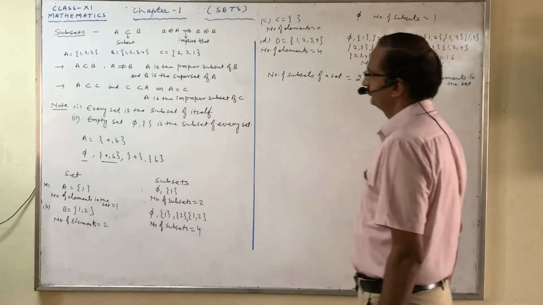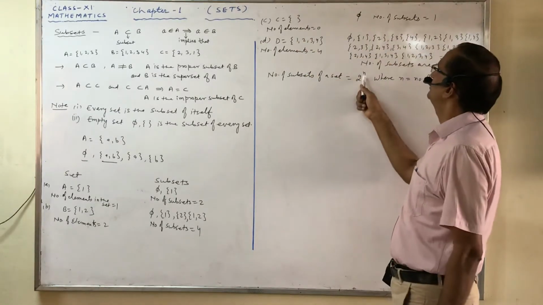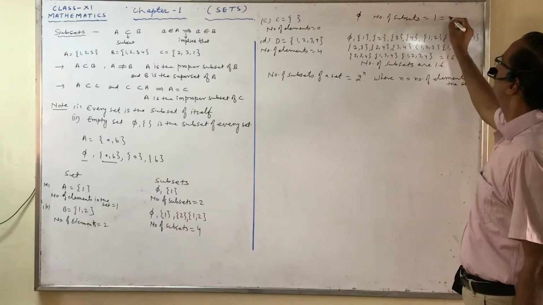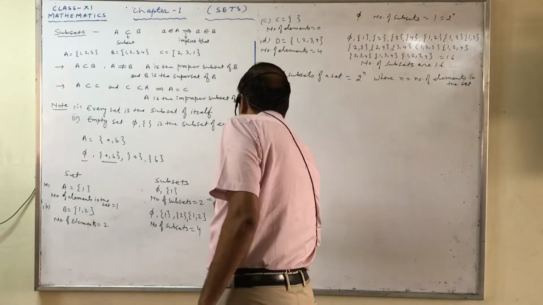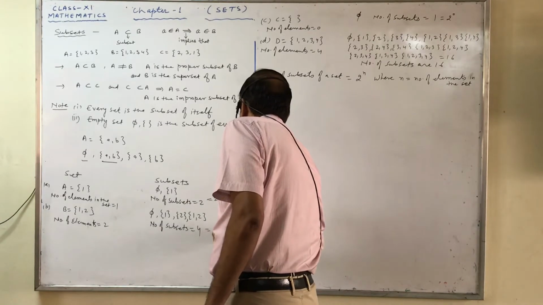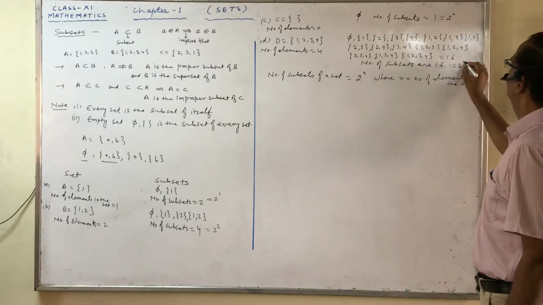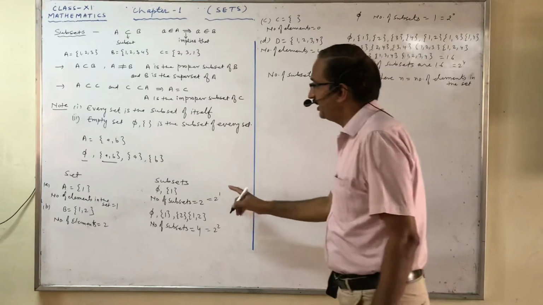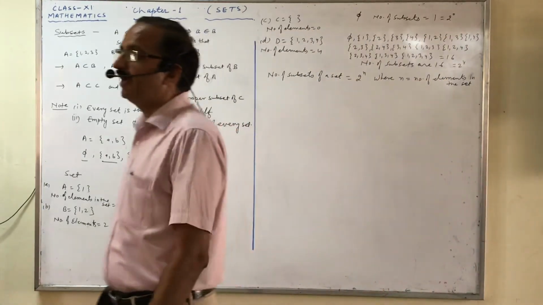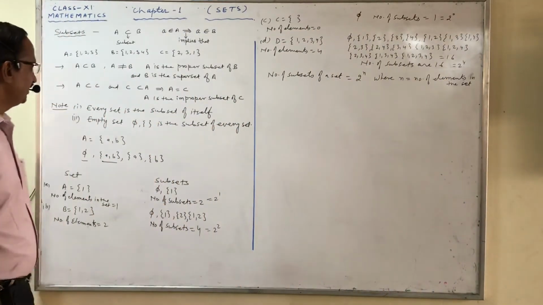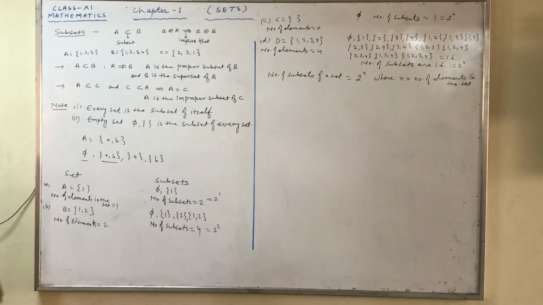Now check, when the number of elements are 0, 2 raised to power 0 is 1. So this is 2 raised to power 0. This can be written as 2 raised to power 1. This is 2 raised to power 2. This is 2 raised to power 4. So the power is the number of elements in the set.